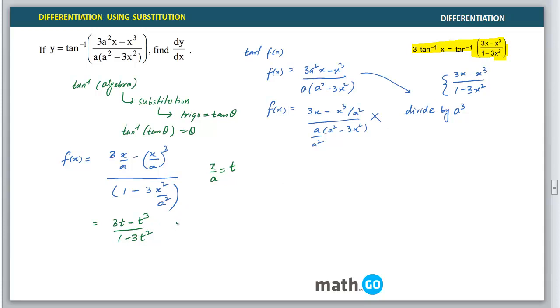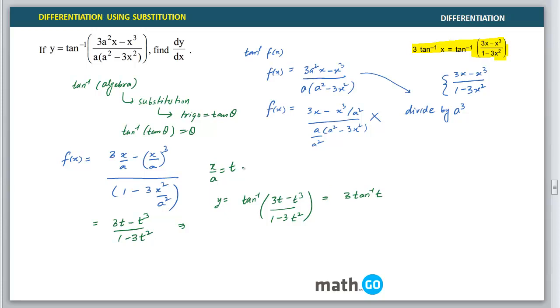So this actually becomes what? If I put this now into y is equal to tan inverse, let's say I write this like as 3t minus t cube upon 1 minus 3t square. Okay, so this would be what? 3 tan inverse t. That is the formula.